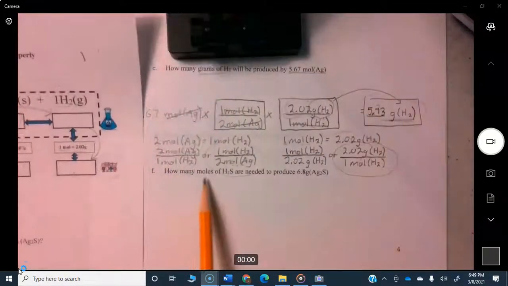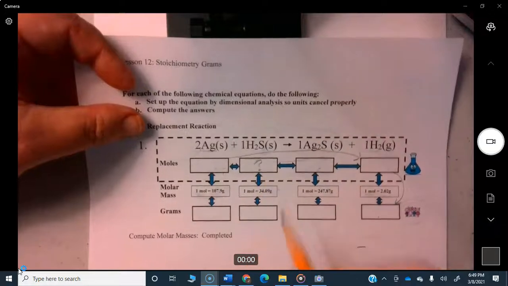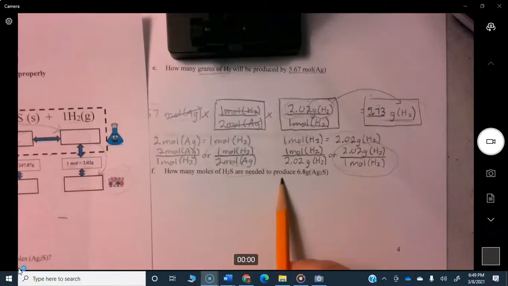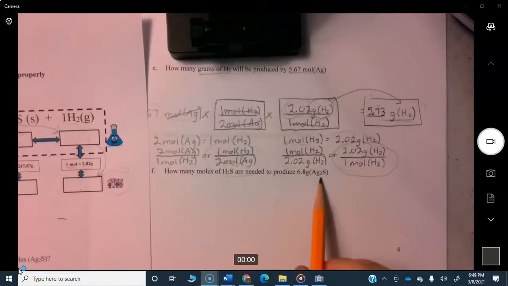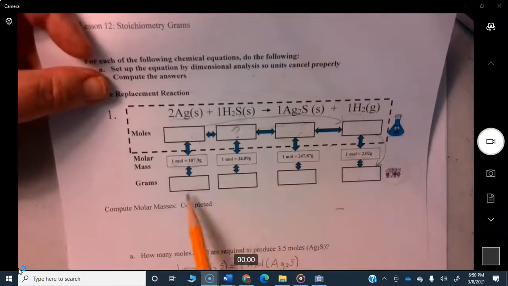Okay, so how many moles of H2S? So I come up here to the moles row, and there's H2S in the moles row. So that's my question mark. It's asking how many are needed to produce 6.8 grams of Ag2S. So I come down to the grams row, and there's Ag2S, there's grams, so it's right here. So it's 6.8.